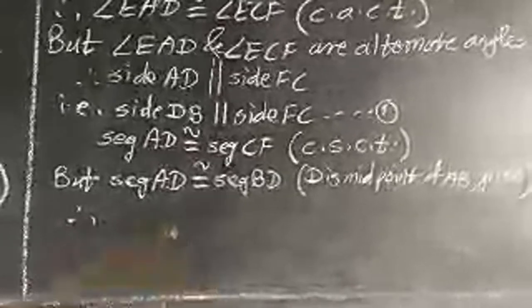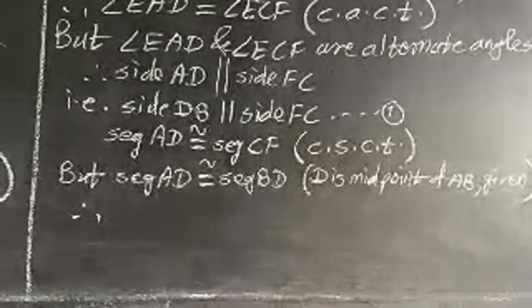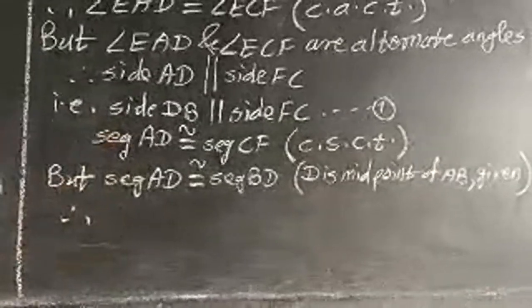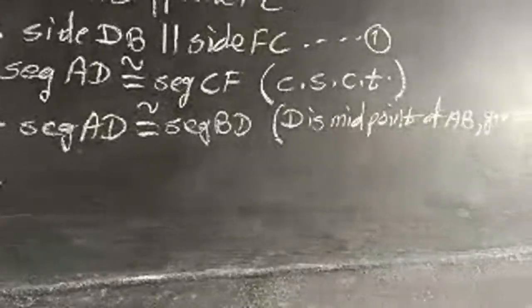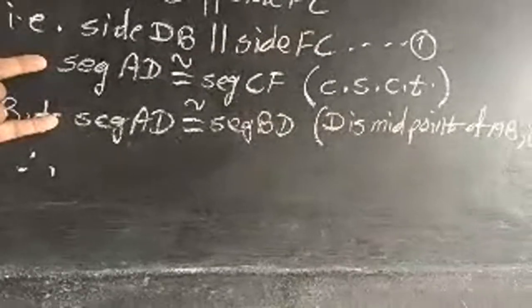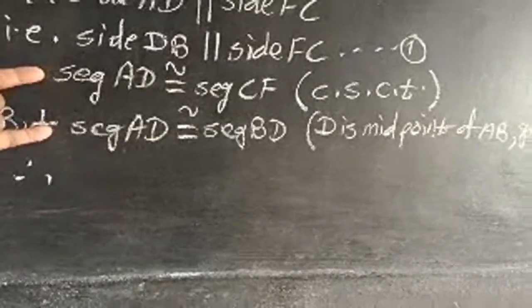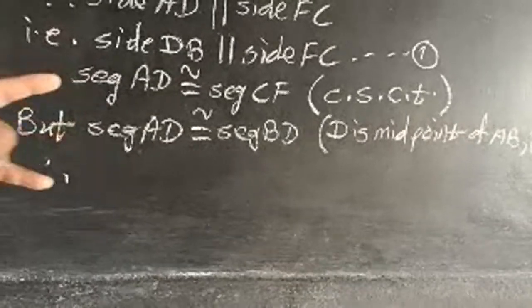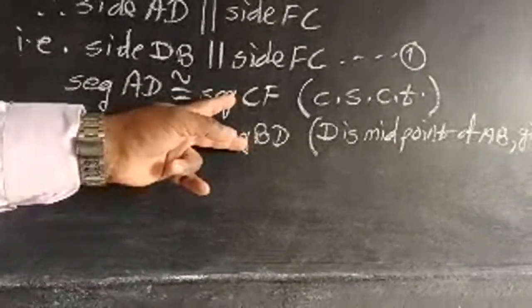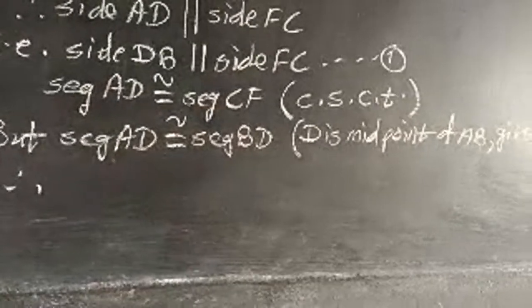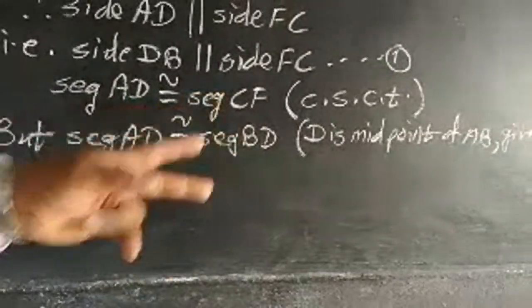Therefore, from these two sentences, what conclusion do we write? Good. BD is congruent to CF. Why do we write that the right side is congruent?